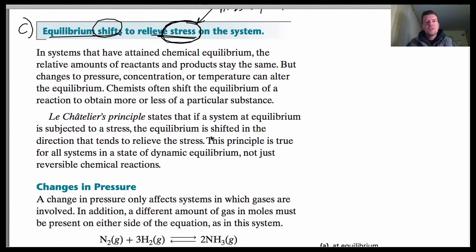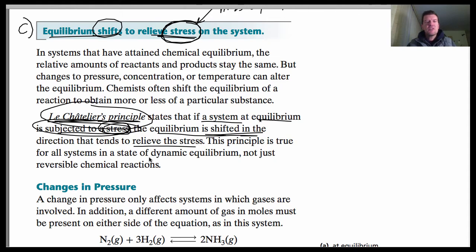All right. So we call this principle Le Chatelier's principle. Le Chatelier was, I believe, a French chemist, and so Le Chatelier's principle basically says that if a system at equilibrium is subject to some stress, meaning you're messing with it, you're changing something, the equilibrium is going to shift to try to relieve that stress, to get back to equilibrium.